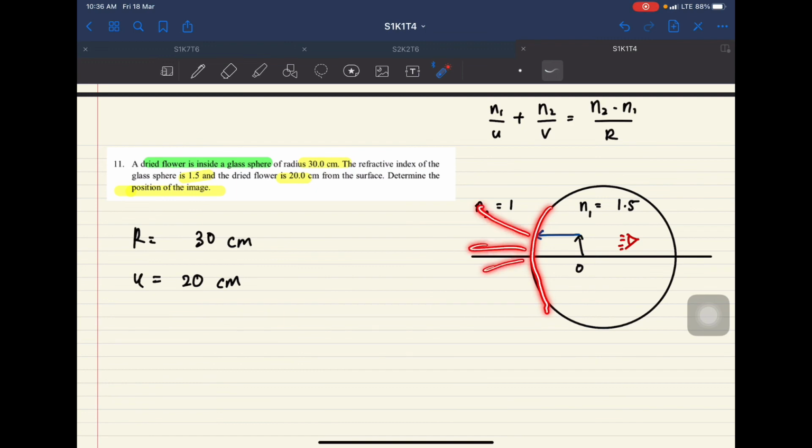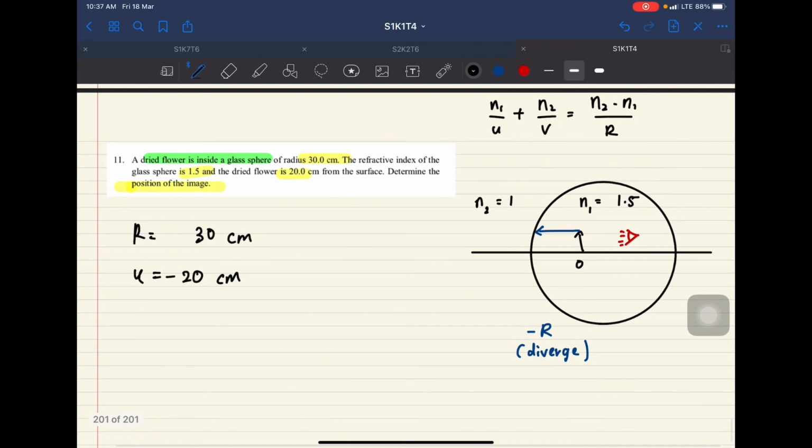Because light will be diverging, that means R is negative. So you have to put the negative manually. So n1, to substitute back inside the equation, n1 equals 1.5. u is positive, and the negative is R.